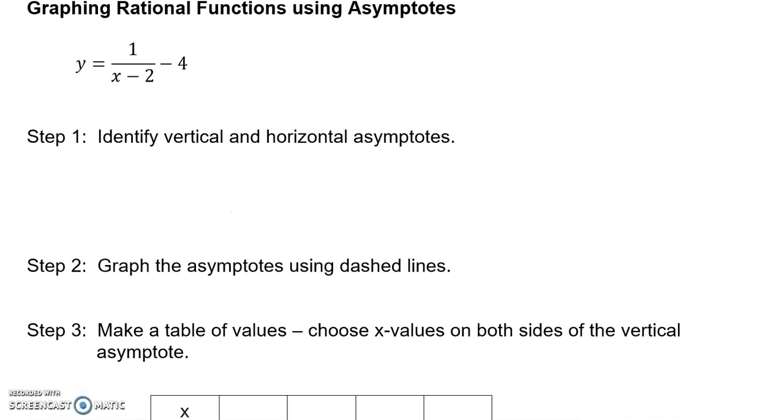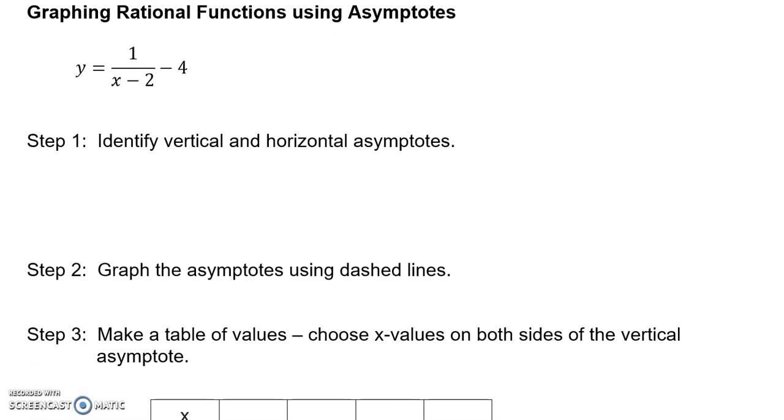So now we're going to graph the rational functions using the asymptotes. So we're going to find the vertical and horizontal asymptotes. So vertical will be at x minus 2 equals 0, which is how we're going to find that excluded value.